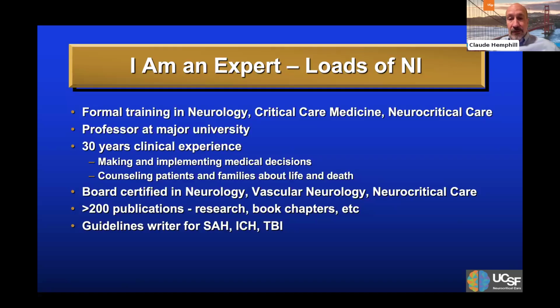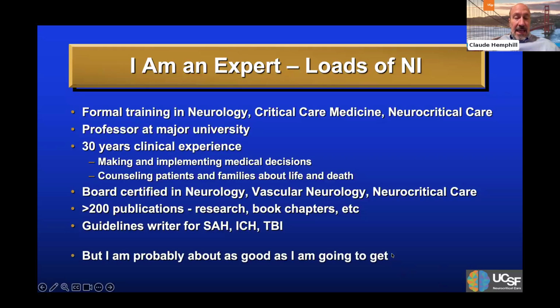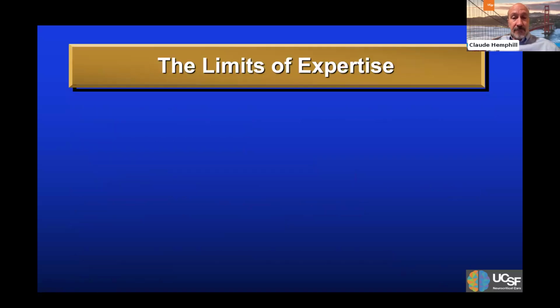Got board certification in several different specialties, a couple hundred publications, on numerous guidelines. And I have come to the realization that I am probably about as good as I'm going to get. I'm probably not going to get much better, and that I need help because of that.